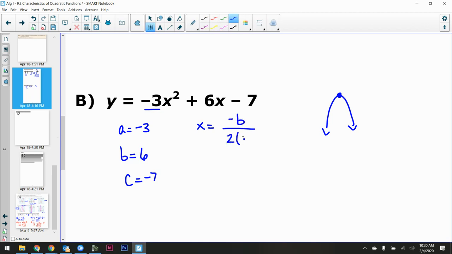That is negative 6 divided by 2 times negative 3. So what is my axis of symmetry in this case? Noah? Positive 1, good. I get negative 6 over negative 6, which reduces down to positive 1.